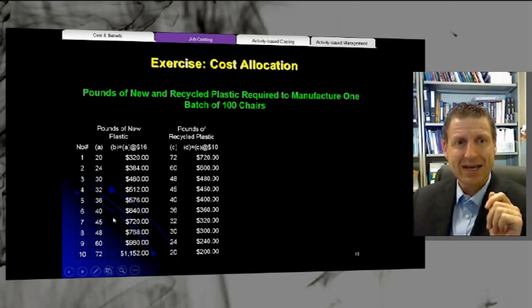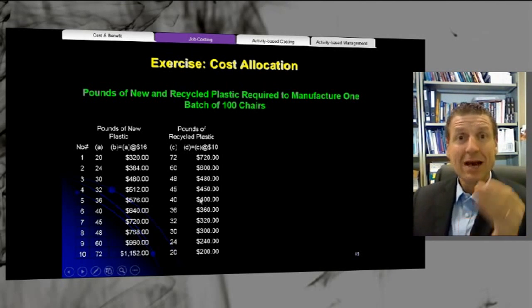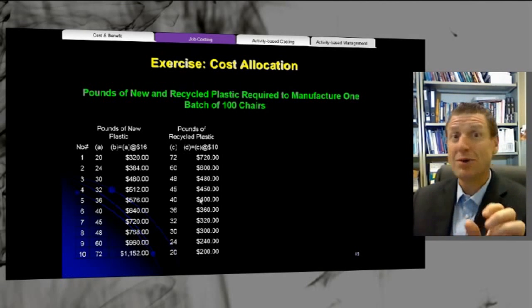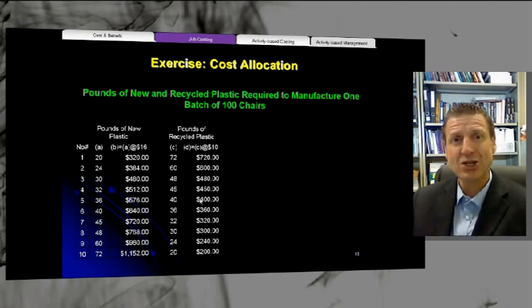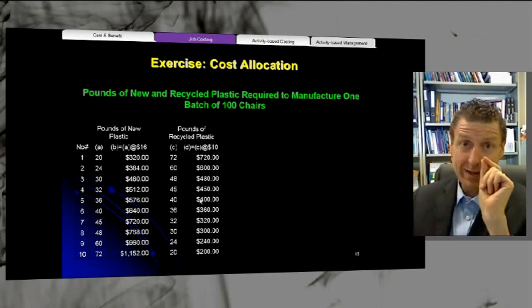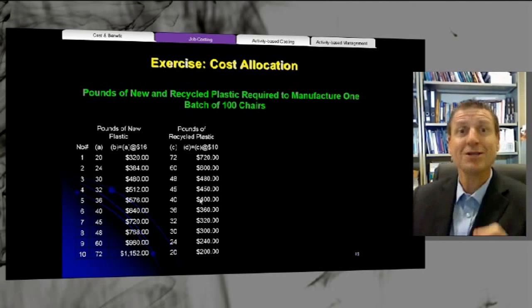If we get 40 pounds of new plastic, we have $640 required. If we have 40 pounds of recycled plastic, you can see there's $400 required. So from a pure direct cost allocation point, before we do even more calculation, which plastic would you make your chair from if you want to make the lowest cost chair possible?